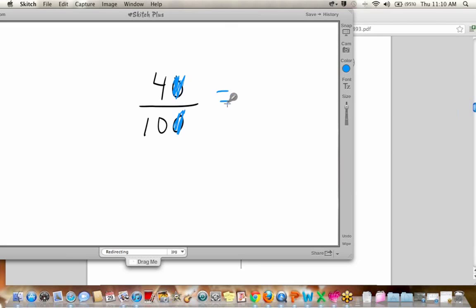So now 4/10. You can write 4/10 just like it sounds. 0.4, 4/10. Now I could write 40 hundredths if I didn't take away the zeros and I still wanted to do the original problem. 40 hundredths is written like this.